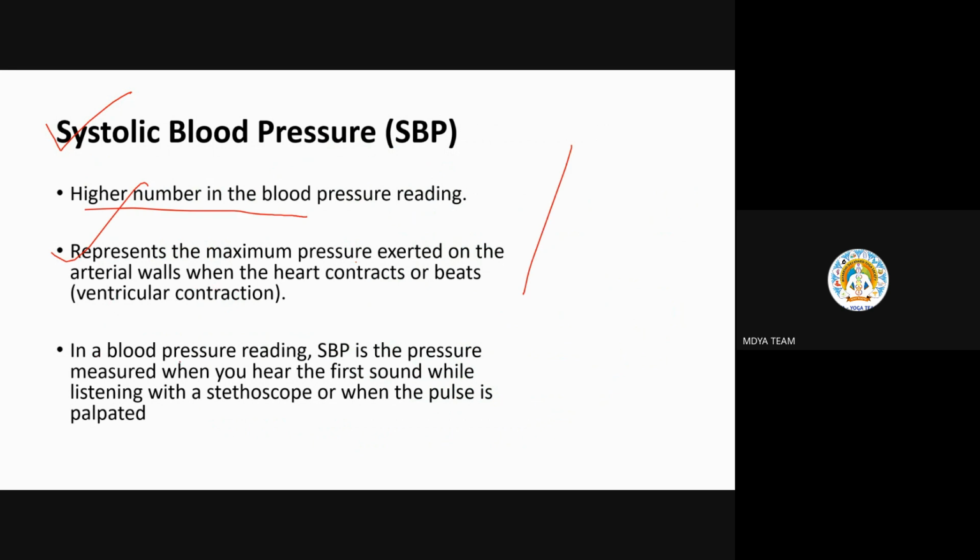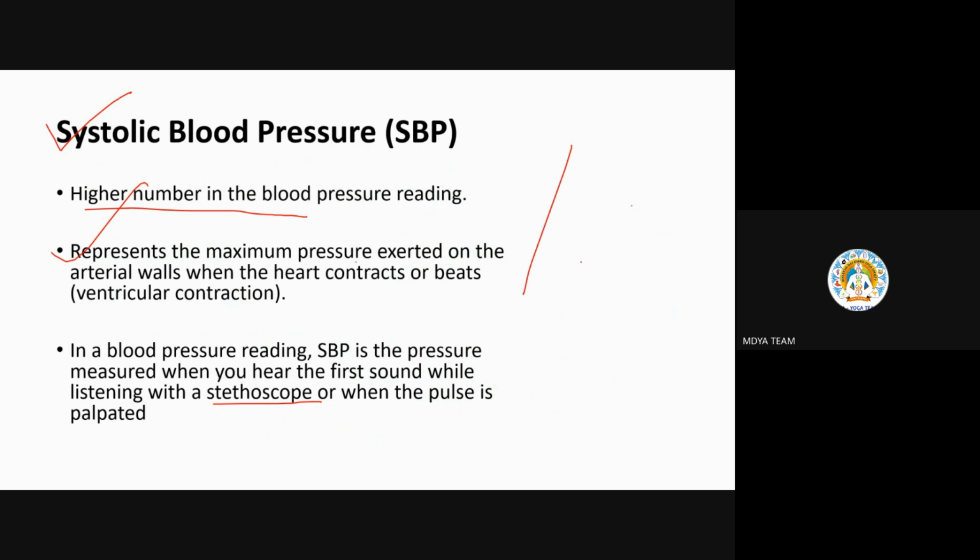In a blood pressure reading, SBP, that is systolic blood pressure, is the pressure measured when you hear the first sound. I will tell you. When we use a stethoscope, that instrument doctors use, or a manual machine for BP checking, we use that pump-like thing and put the stethoscope on, and the doctor hears our heartbeat.